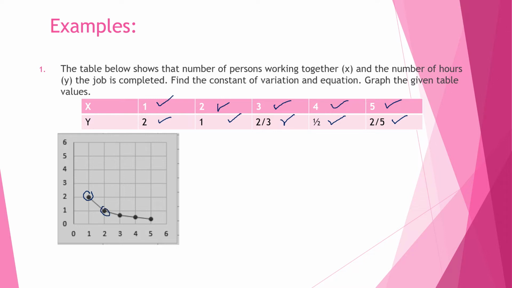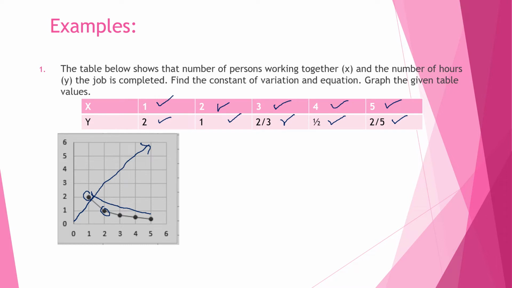So this is the graph of the given table. If you observe, the points are going downward, unlike in direct variation, where our graph is increasing to the right.